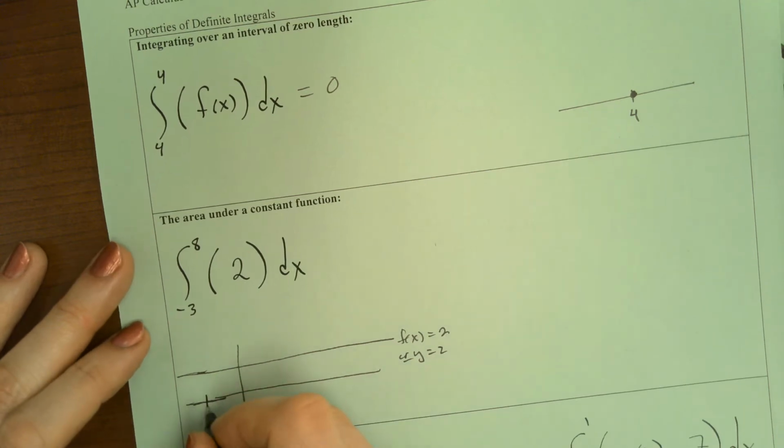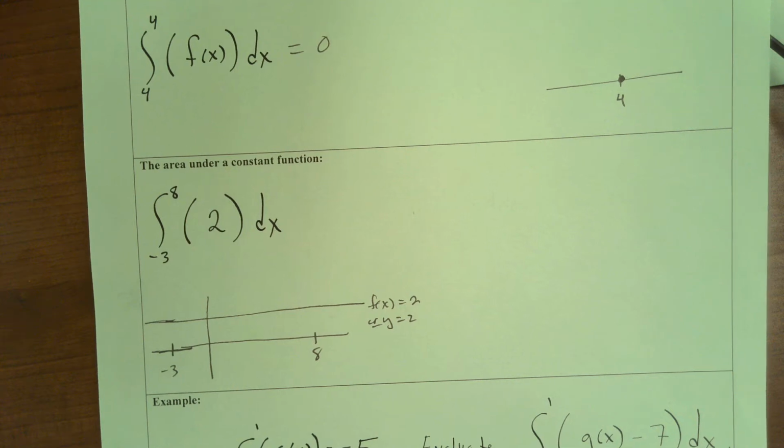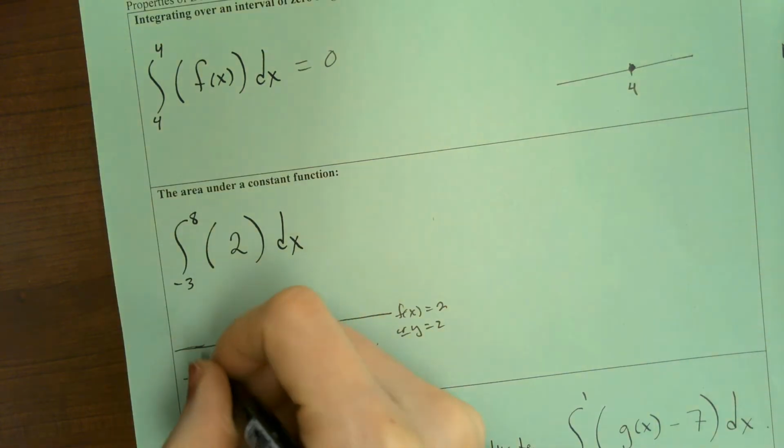And so let's say that this is -3, and let's say that 8 is here. When you are integrating a constant function, you literally have a rectangle, okay? Always. Finding the area under a constant function is always a rectangle situation.